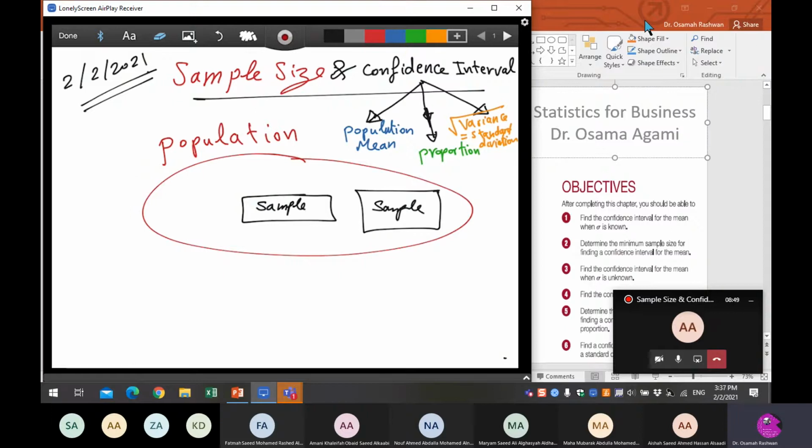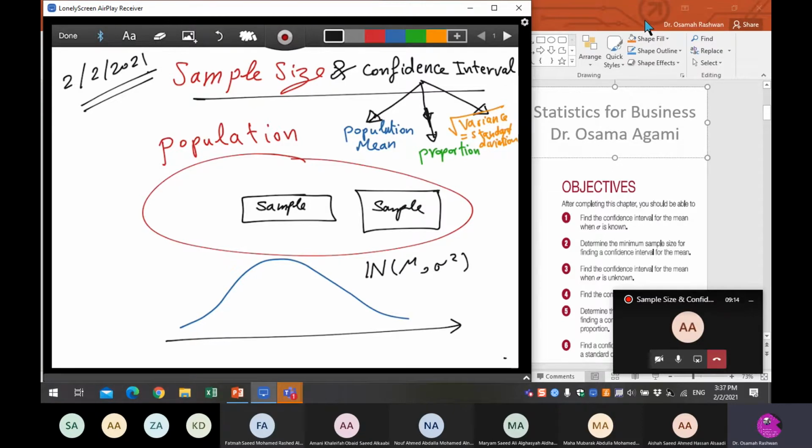Maybe you said, what does confidence interval mean? I heard this word before. Yes, you heard it when you have the bell shape. You know this, if it is normal with a mean and variance, your middle one will be here, the mean mu.